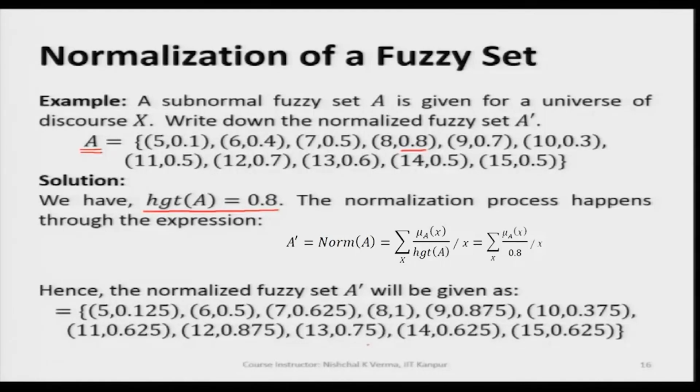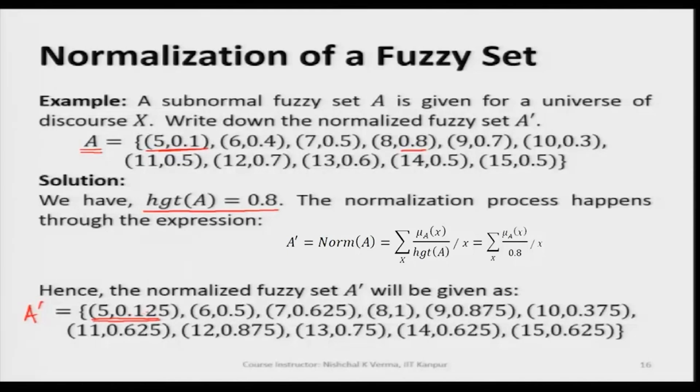It has to be noted that the generic variable value, which is 5 here, remains as it is, and only the corresponding membership value is normalized.